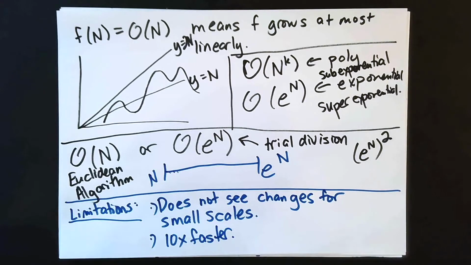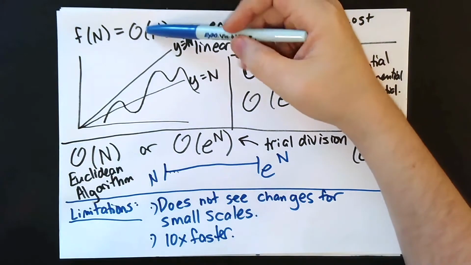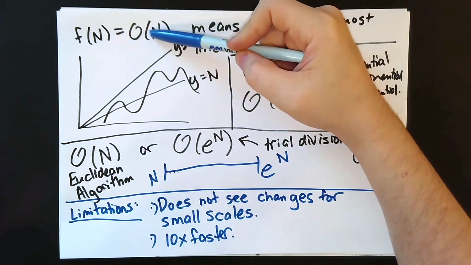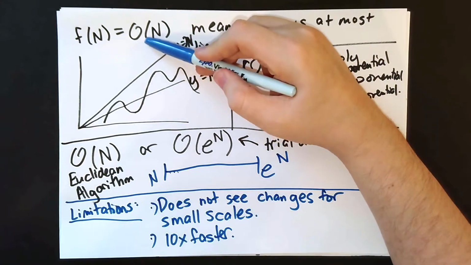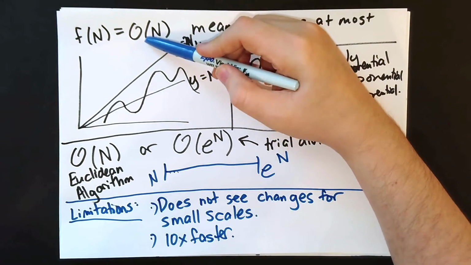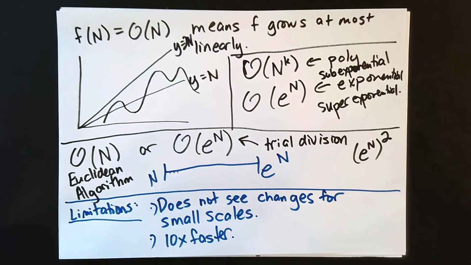Any programmer would be ecstatic if they were able to make their big computation run 10 times as quickly. But running 10 times as quickly is completely invisible to the big O notation, because remember, this big O notation includes multiplication by any constant. And so speeding something up by a factor of 10, though practically very relevant, does not show up in this notation at all.